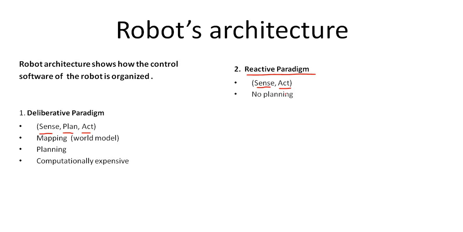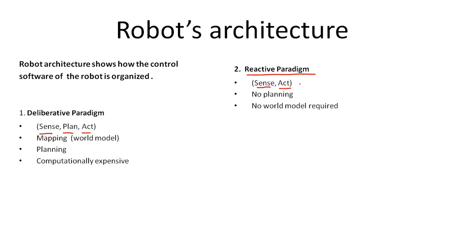So there is no planning involved. So this is a simple kind of architecture for a robot to have. Another advantage of this is that it doesn't require a world model. It means you don't need to make a map of the environment to navigate in the environment.